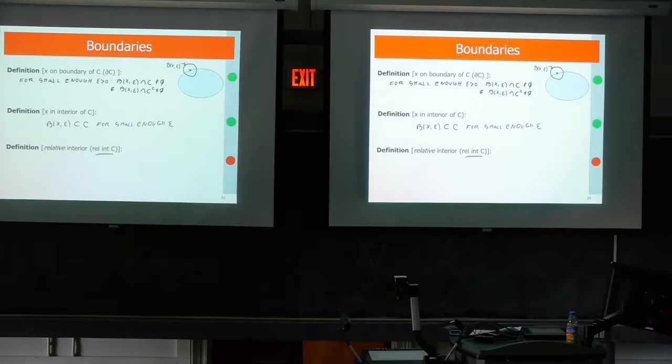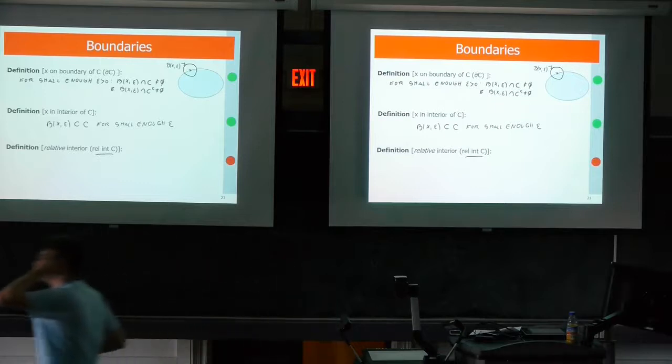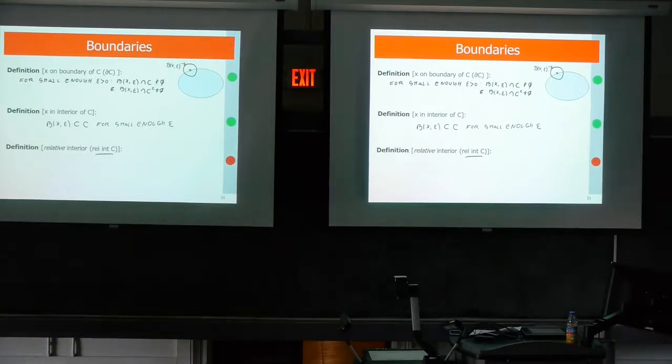Yes? Sorry, can I just double check once more? Because I think we have the same definition. I think the definition of boundary is: for any epsilon ball we choose, there exists at least one point in the interior and at least one point in the exterior, right? Well, the definition of interior is that there exists an epsilon such that the ball is inside. So it should be small enough, right?